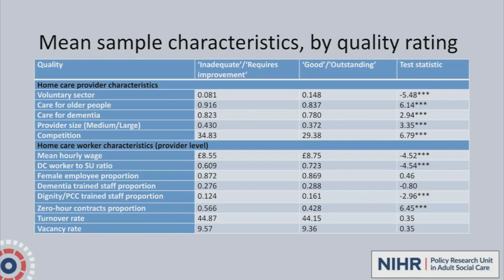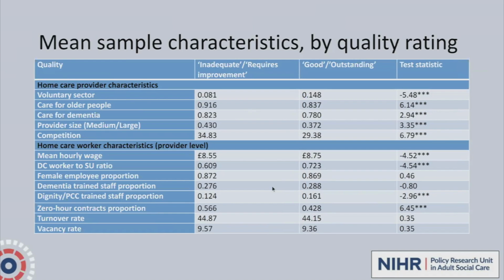So we generally see that relationship again with the voluntary sector. We also see that there is less competition faced by those providers that have higher quality, and they tend to be more likely to be smaller.